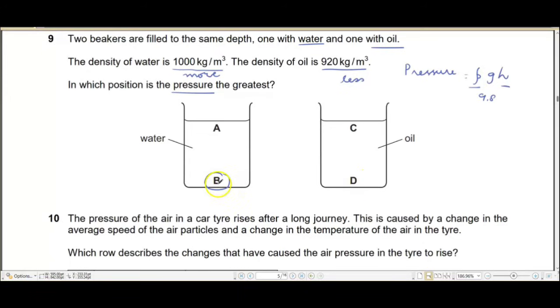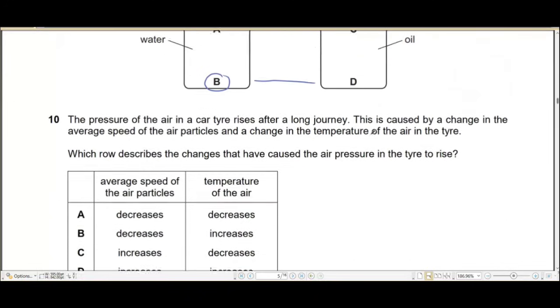So B is going to be our correct option. Since the heights are just the same for these points, height is not something we are considering at the moment. We are going to consider the second entity, which is density, right? So B is our correct option.